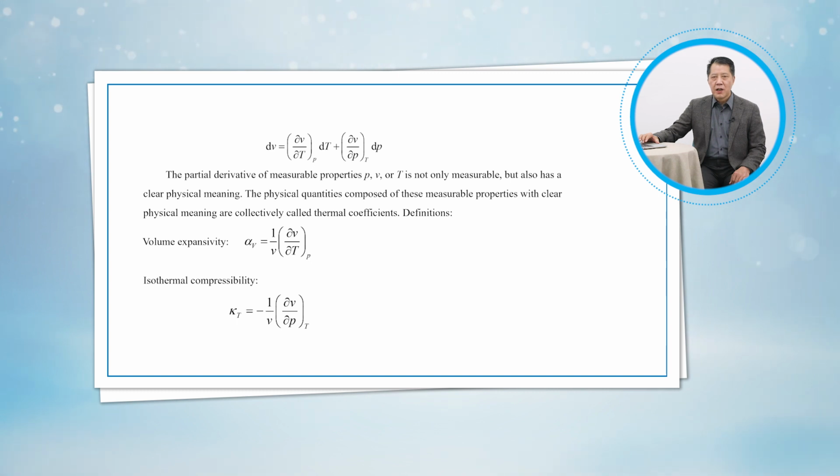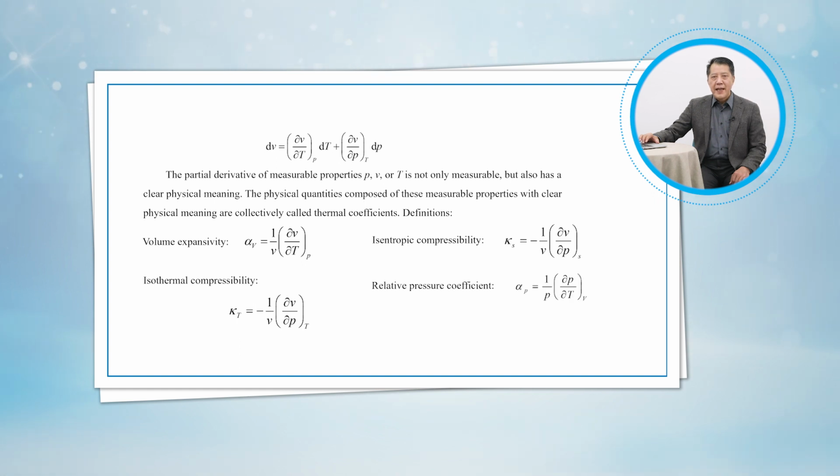The isothermal compressibility is defined as being an indication of the change in volume that occurs when pressure changes while temperature remains constant. The isentropic compressibility is defined as being an indication of the change in volume that occurs when pressure changes while entropy remains constant. The relative pressure coefficient is defined as being an indication of the change in pressure that occurs when temperature changes while volume remains constant.